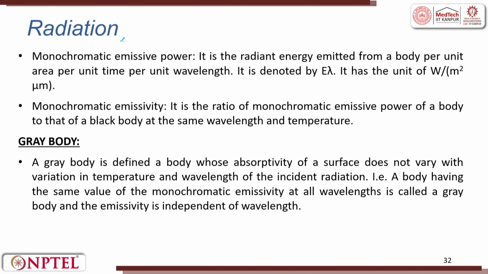In radiation, you also have monochromatic emissivity and monochromatic emissive power. Monochromatic means single wavelength. Monochromatic emissive power is the radiation energy emitted by a body per unit area, per unit time, per unit wavelength. It is denoted as E lambda, in watts per meter square micrometer.